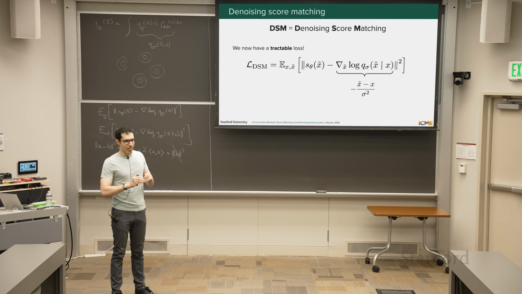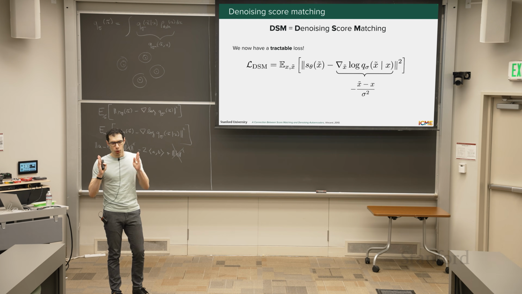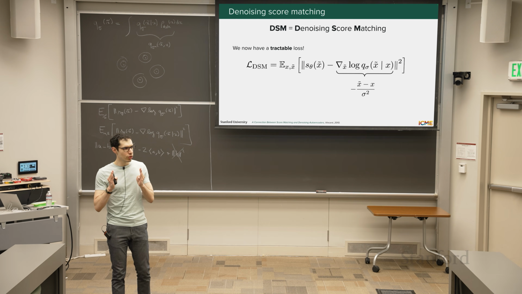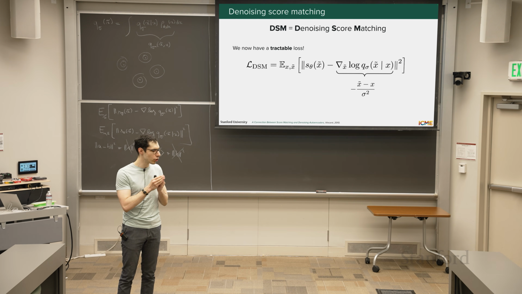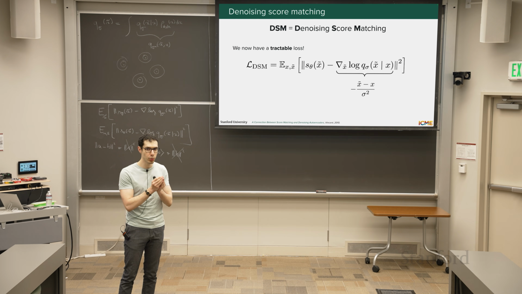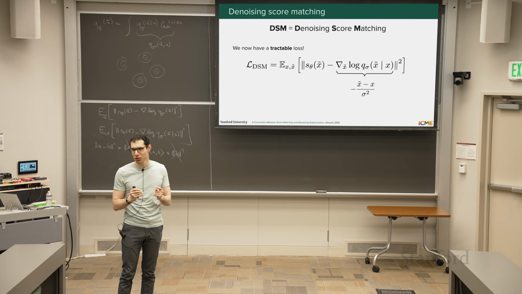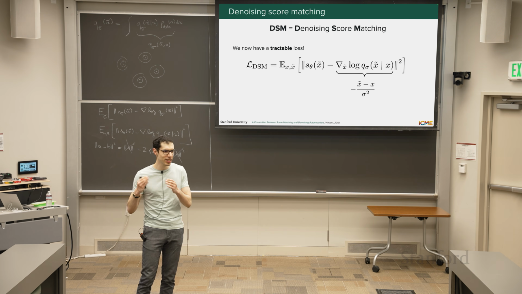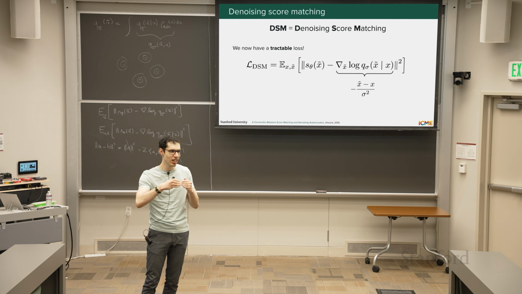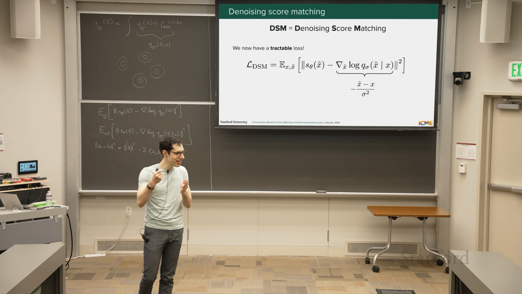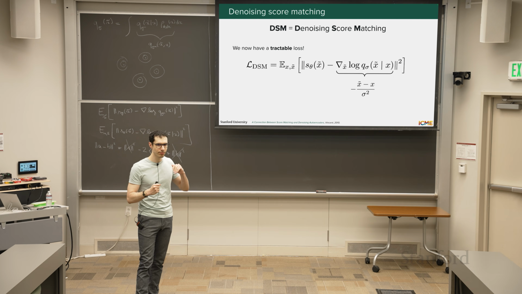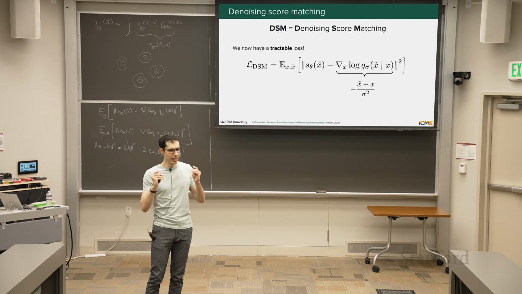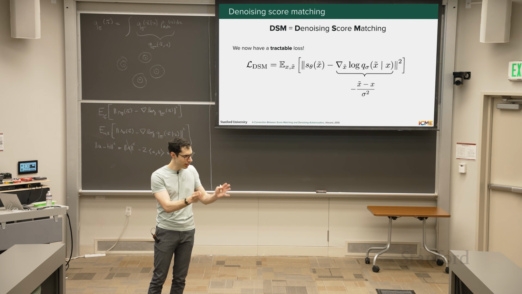So just recapping where we are, what we wanted to do is to estimate the score of the true distribution. What we said was, okay, that's actually not something we can do, so let's fall back on an easier setup. The easier setup was that in the Gaussian case, you are able to analytically compute the true score. So we took the true data distribution and we noised it.